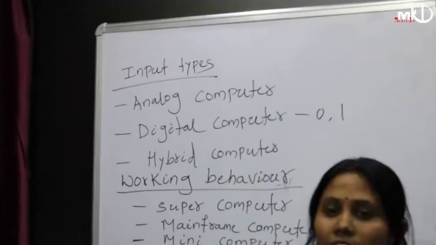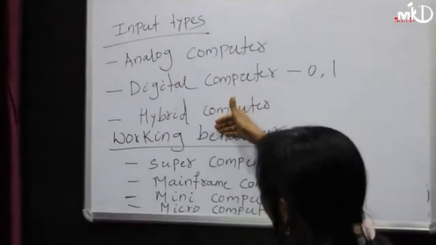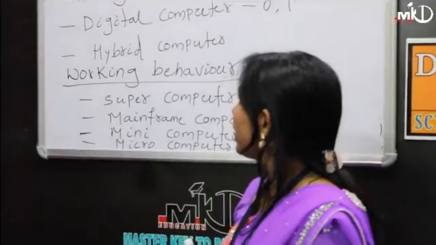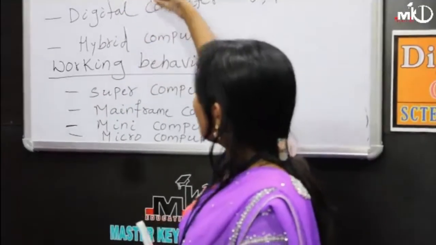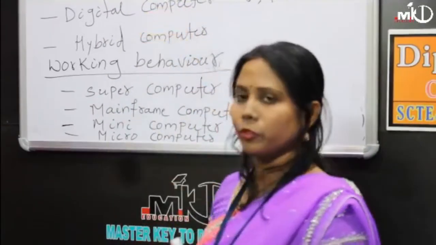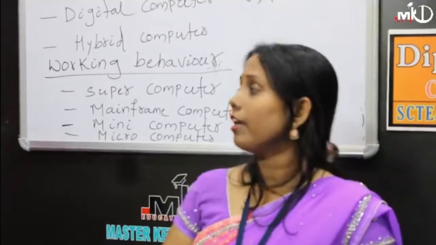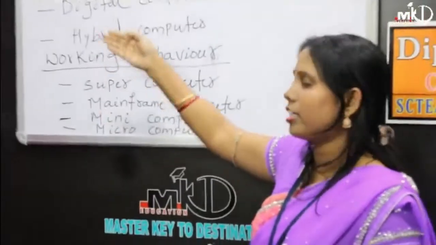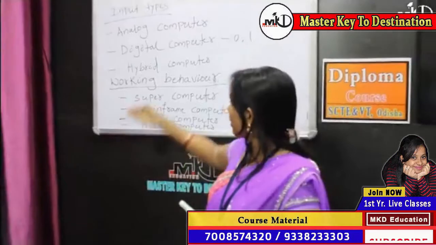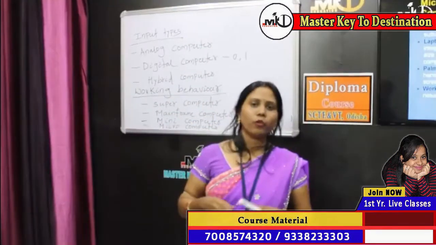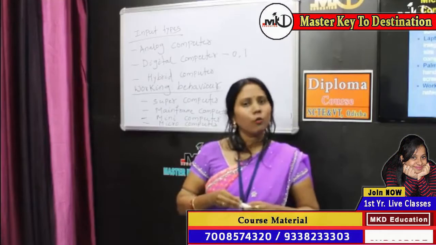No, it is classified into 3 types depending upon the input types: analog computer, digital and hybrid computers. But depending upon their working behavior, they are classified into 4 types: super, mainframe, mini and micro. We discuss these 4 categories one by one.